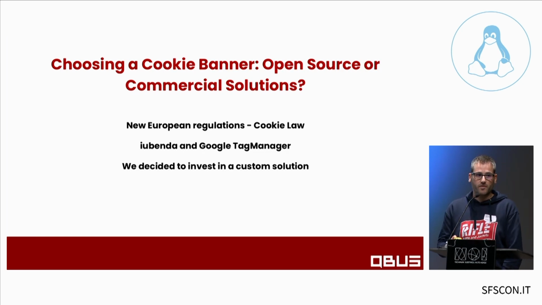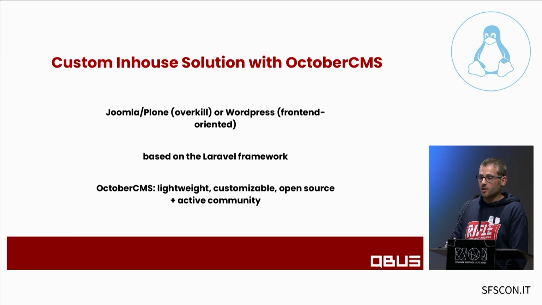So we decided to invest the time we would be using with these third-party solutions to develop our own in-house solution. When we decided to go with the in-house solution, we had to decide which CMS to use. We'd been working with Joomla and Plone, but they were an overkill for our needs, and WordPress was more front-end oriented.